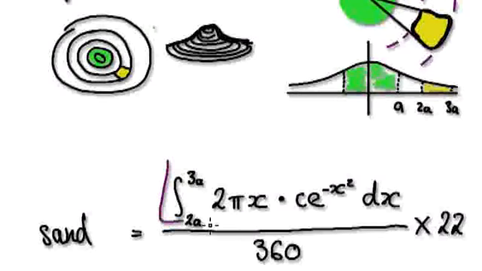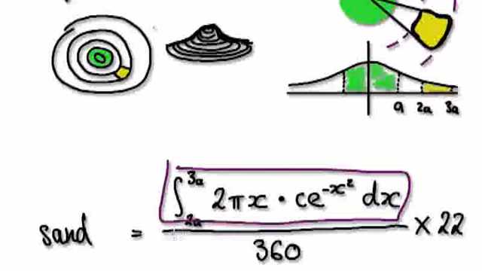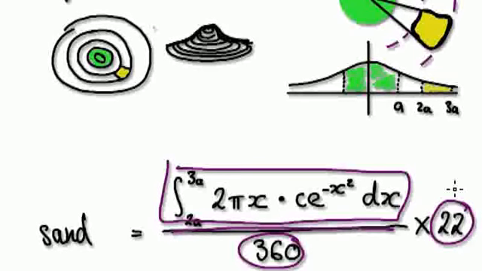Once you've got the whole volume, cut it into 360 equal pieces and then get 20 pieces. That will then give you this bit only.